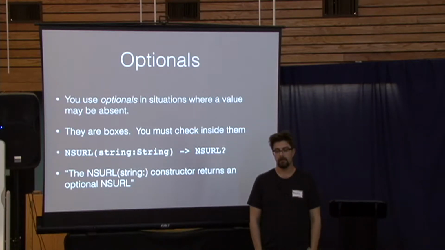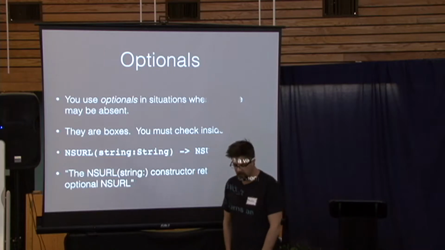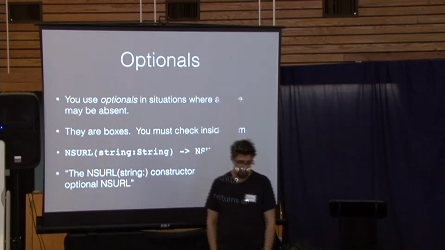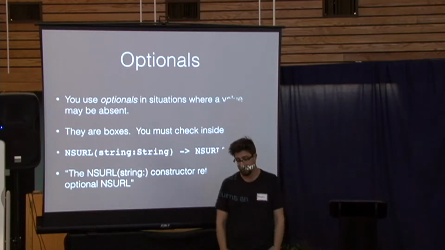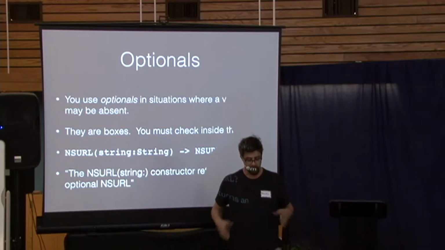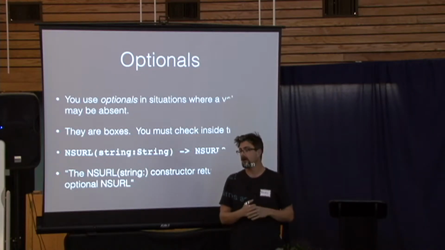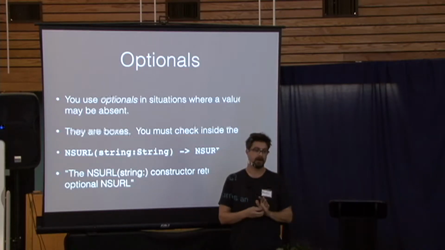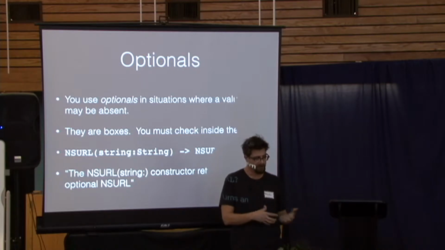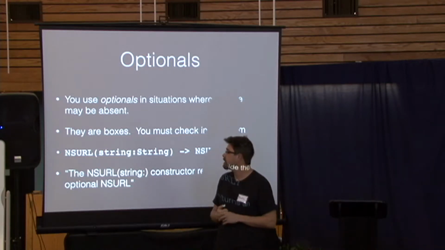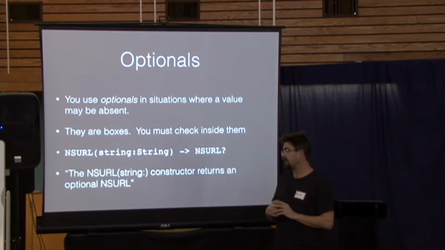One of the ways that Apple and I like to think about it is like a box. You get a box. It's not open. So you have to explicitly look inside the box to determine if there is something in there or not. This is not a construct I've seen in any programming language I have used, although there are a lot that do use it. Those are just not very popular languages.